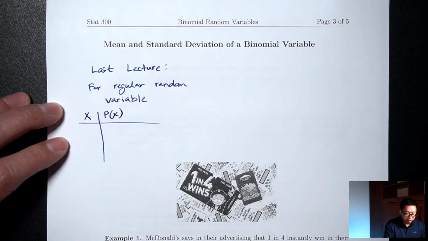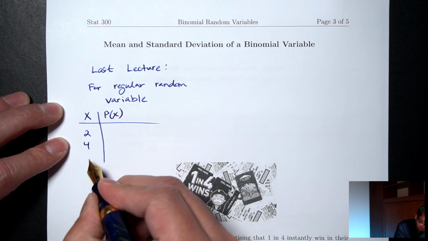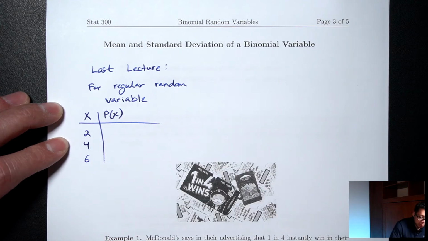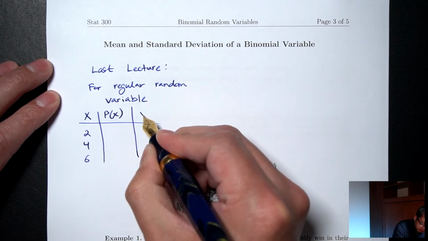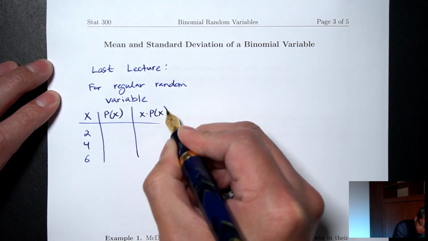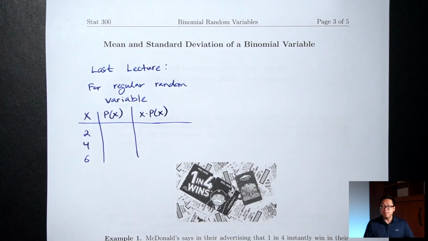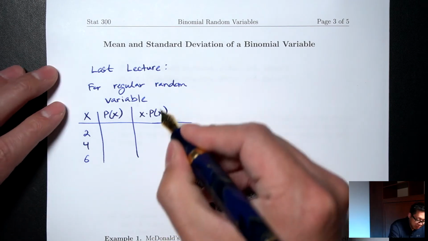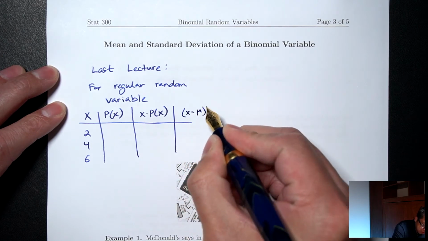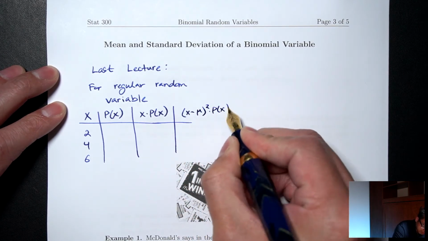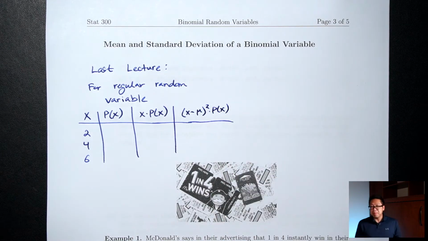I'm going to make up some numbers here, like 2, 4, 6. And then we had some probabilities. To find the mean, we had to add on another column, x times p of x. And then to find the standard deviation, we had to add on another column, which was x minus the mean squared times p of x. And that was kind of a pain, right?